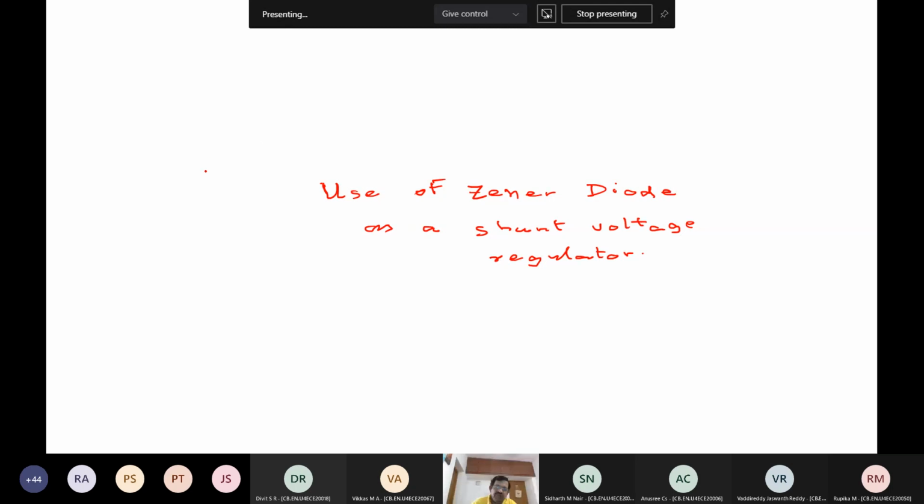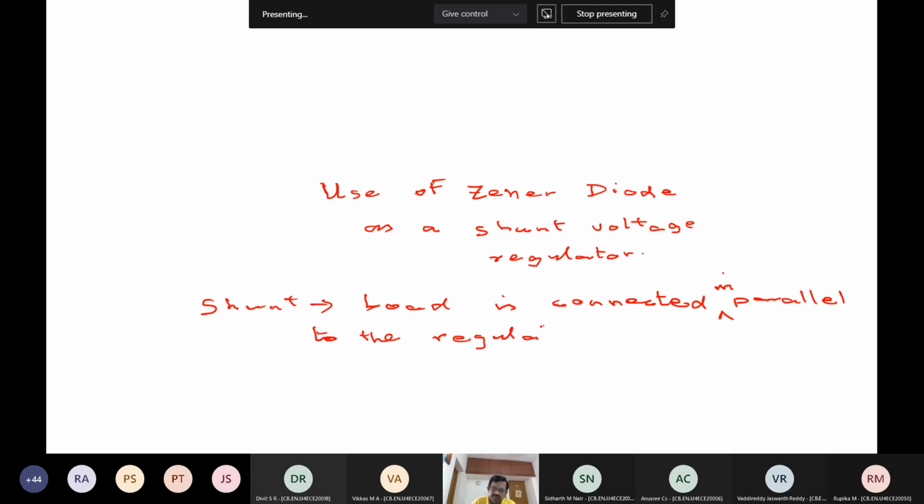The word shunt here refers to the fact that the load is connected in parallel to the regulator circuit.